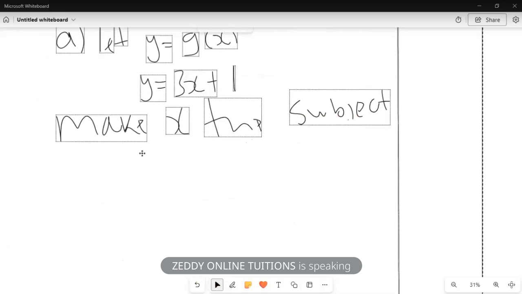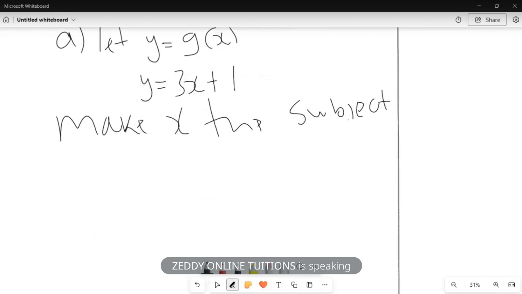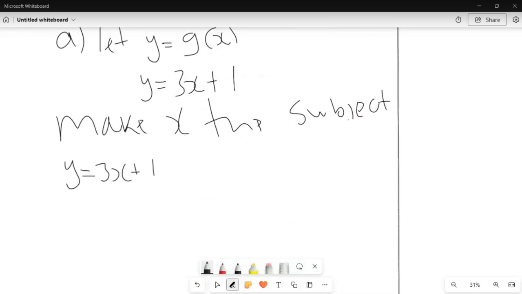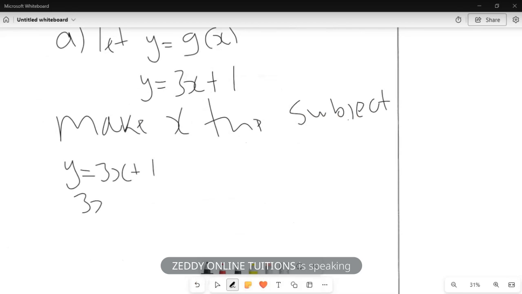So make X the subject. From there, let's make X the subject. So Y is equal to 3x plus 1. Now we are going to take Y to the other side and swap like this: 3x plus 1 is equal to Y, to avoid confusion. Then we say 3x is equal to Y minus 1, the 1 has gone to the other side.